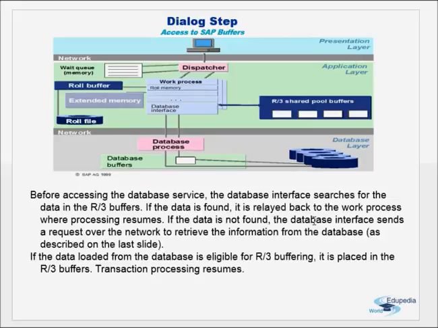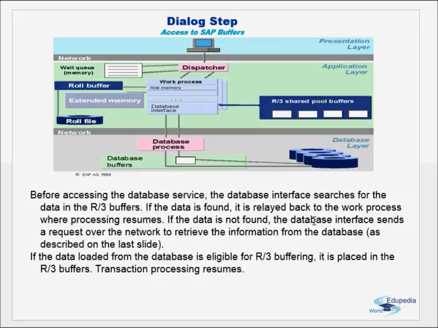Before accessing the database service, the database interface searches for the data in the R3 buffers. If data is found, it is relayed back to the work process where processing resumes. If data is not found, the database interface sends a request over the network to retrieve the information from the database, as we have described on the last slide.